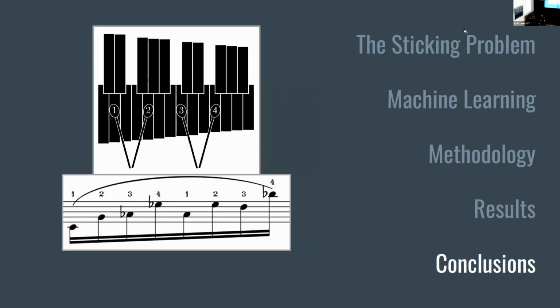So just to wrap up, I think the goal at the start of this was to develop some kind of program that would help us put in notes and rhythms and predict stickings out for end users to be able to improve performance. And I think this project has produced just that. I think there's still a large number of limitations in the design and in the data especially that limit the application of this particular model being used in the real world.